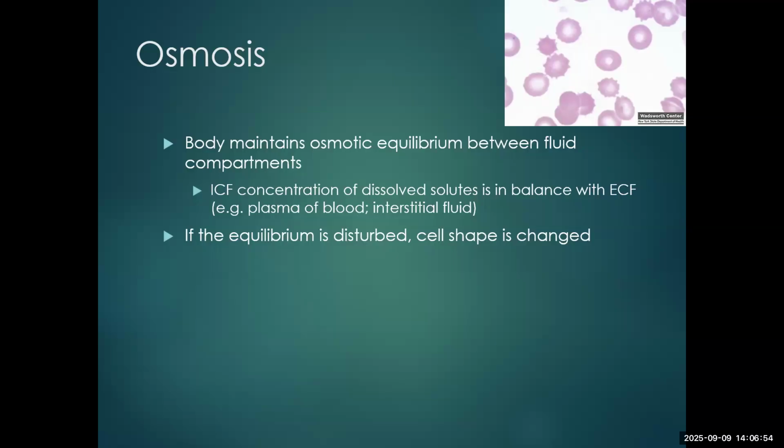Otherwise, your cells would burst or shrivel. Okay. So osmosis. We have mechanisms to maintain that. We maintain very specific levels of solutes in our blood. I know it's a little bit complicated, but that's how it works.